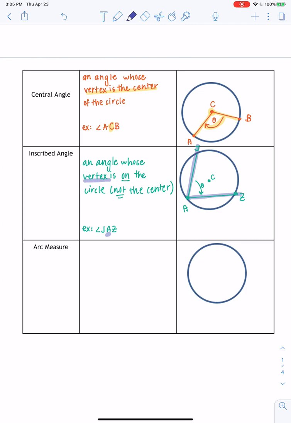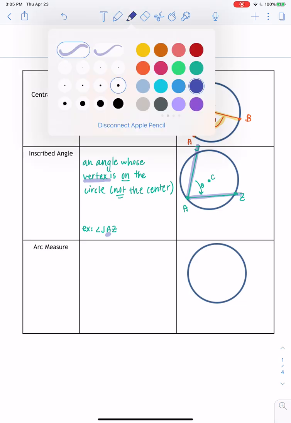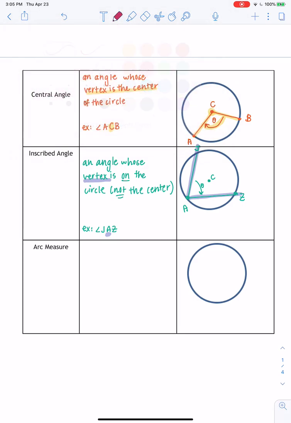Then we have one more term that we need to talk about, and that is arc measure. So first, what is an arc? We need to define that term first. So let's switch colors. So an arc is a portion of the circle's circumference.